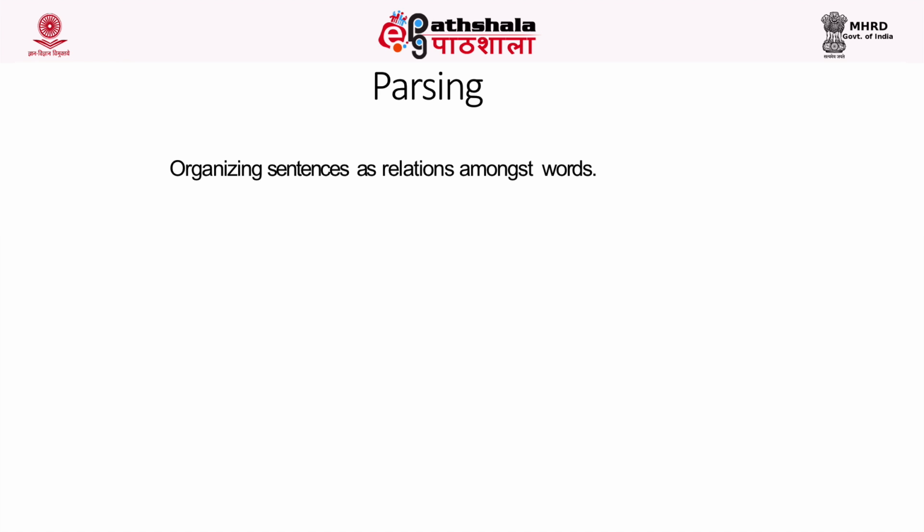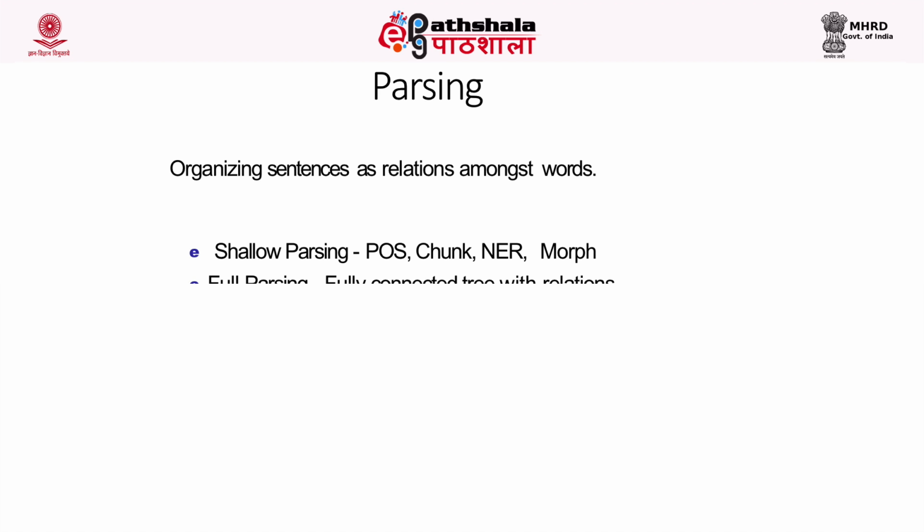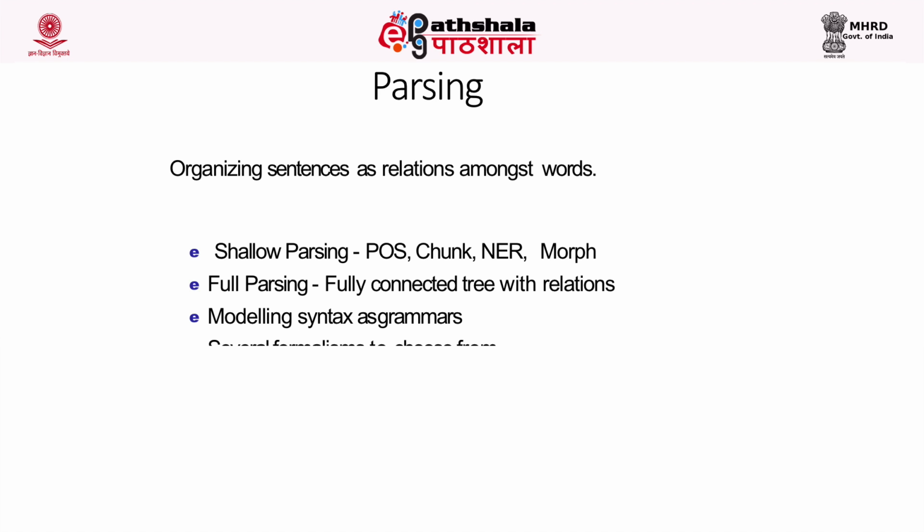So in the same example, plays becomes the root node because it's a verb, and Mohan and ball are its two children, where Mohan and ball are the dependents of plays. Ball has two dependents, with and the. So in a dependency tree, the lexical items form the nodes in the tree.